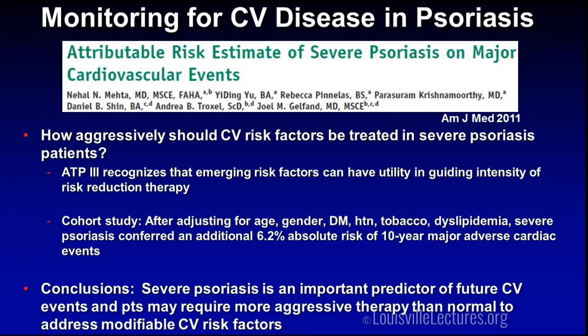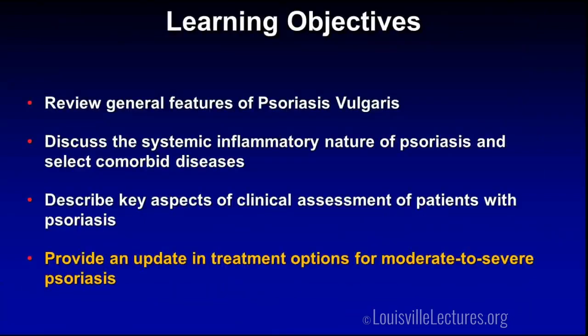So more work needs to be done, but in the future, we may find that for our patients who have severe psoriasis, which in general for these types of guidelines really means at least 10% body surface area, that we may need to treat their modifiable cardiovascular risk factors much more aggressively than the general patient in the population or even patients with mild psoriasis.